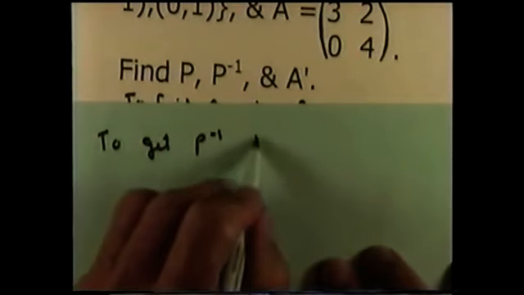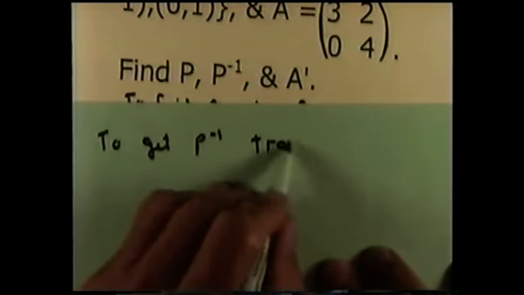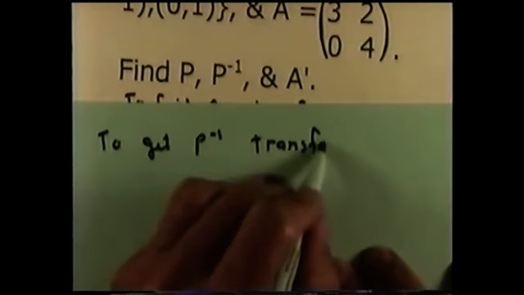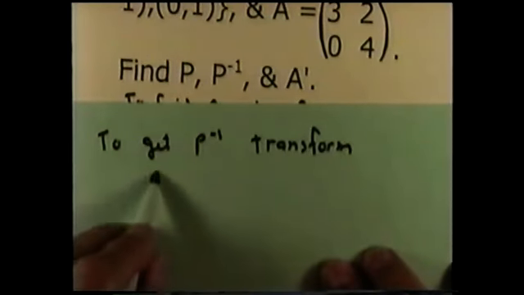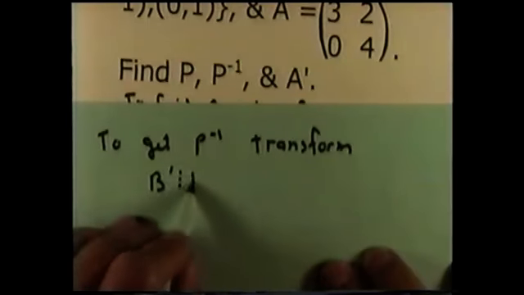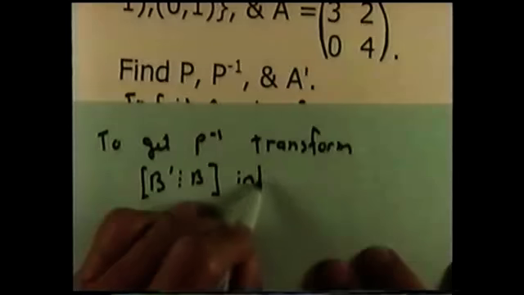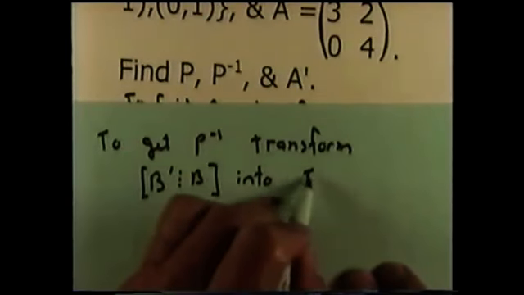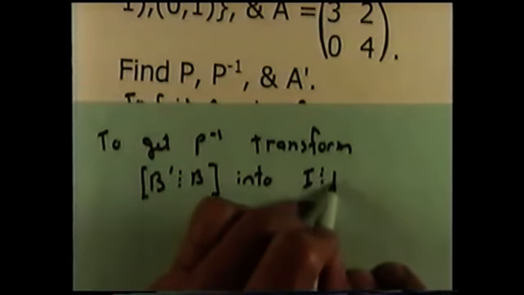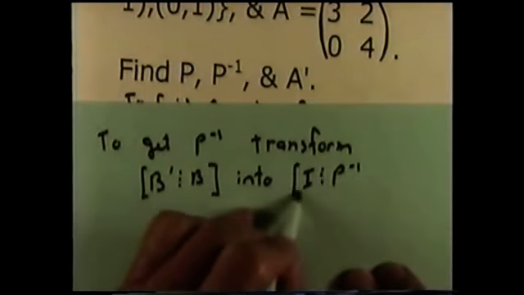To get P inverse, transform B prime B into I P inverse.